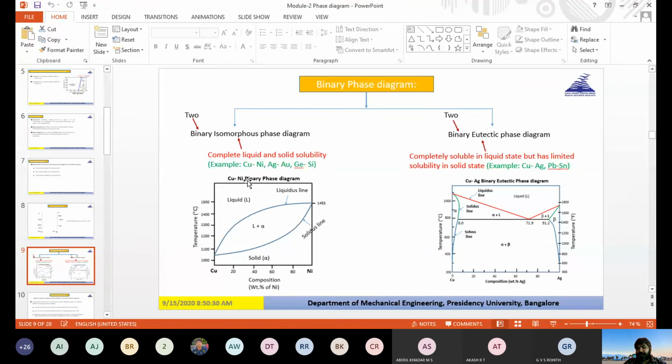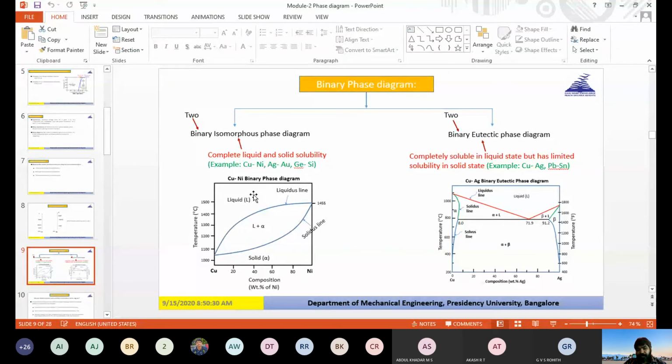If I ask you there is a system of copper with 40% nickel, what will be the phases present at 1400 degrees Celsius? You will move like this, and 40% like this, and the point of intersection will come here. Then you will say that it has only one phase, that is the liquid phase.